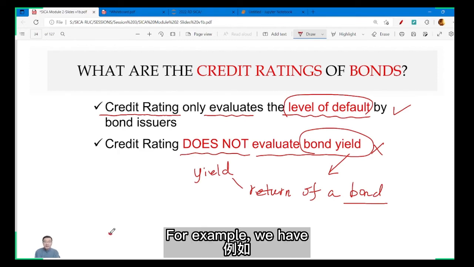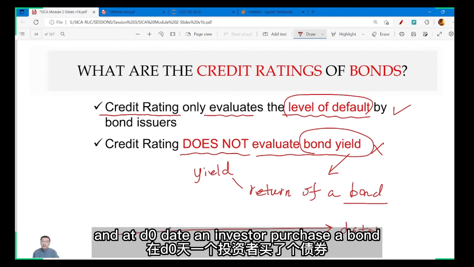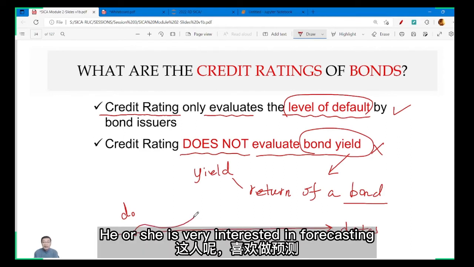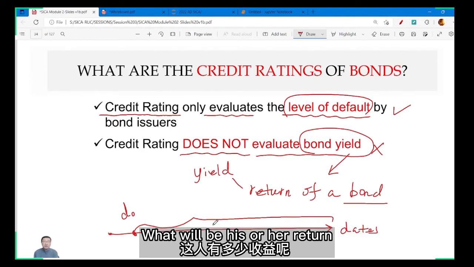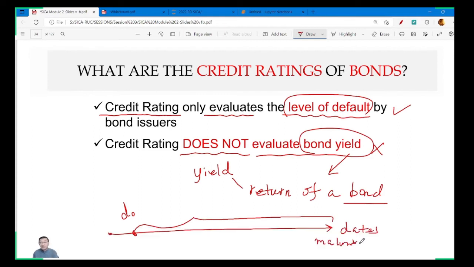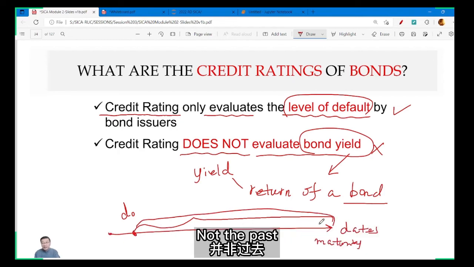For example, say this is the timeline, and at date D0, an investor purchases a bond. He or she is very interested in forecasting what his or her return will be if he or she holds the bond until the maturity of the bond. In this way, the bond return during this period is in the future, not the past.